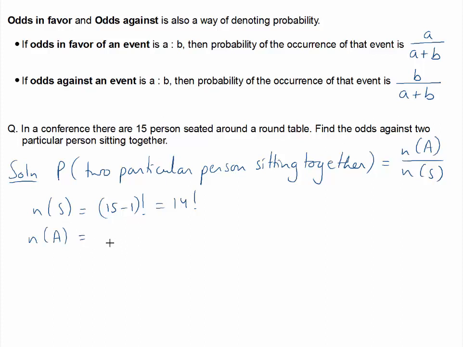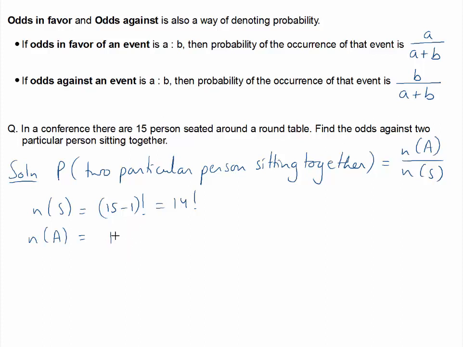Now we need to count the number of cases in which the two particular persons are sitting together. So since the two persons must be together all the time, we will consider them as a packet, meaning as one unit. So the total count of the elements would be 13 persons plus one packet, so that would be 14.